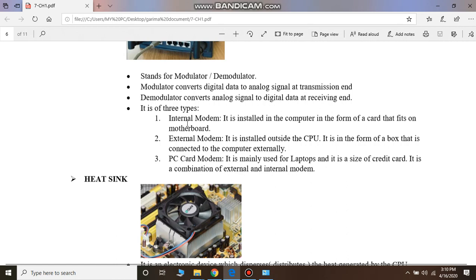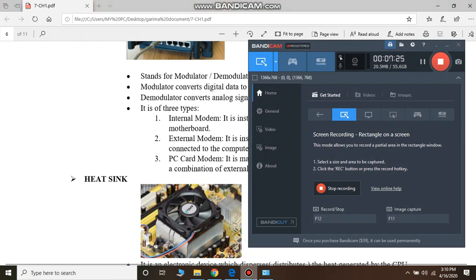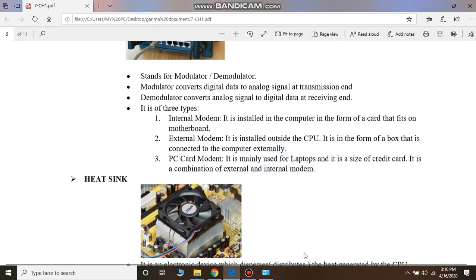Now modem is further of three types: internal modem, external modem, and a PC card modem. What is an internal modem? Any modem that is installed inside the computer in the form of a card on a motherboard is an internal modem. As the name suggests, internal means it's present internally in a computer.